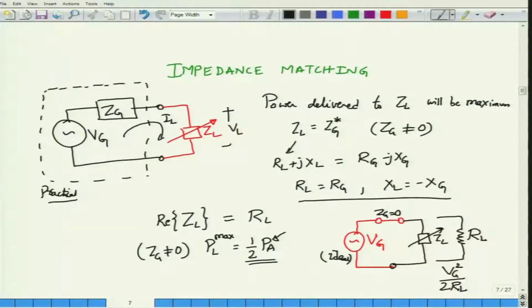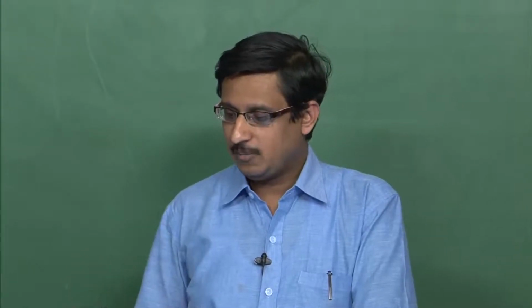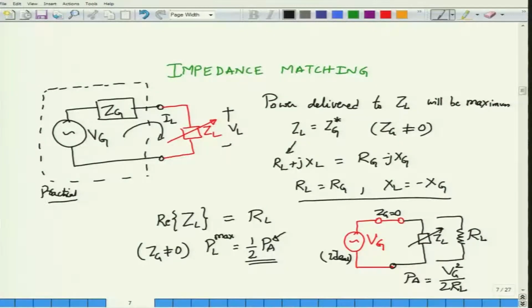The factor of half is because I am assuming Vg to be the peak amplitude, and as you know the power would actually be given in terms of the RMS value. So you need to know the RMS value of the voltage, which is given by Vg by square root of 2. So RMS voltage squared divided by RL will give you the power. This is what I would call the power that is available.